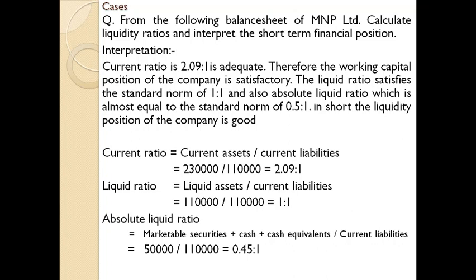And secondly, the liquid ratio satisfies the standard norm of 1:1 and also the absolute liquid ratio, which is almost equal to standard norm of 0.5:1. In short, the liquidity position of the company is good. So after finding the ratios, you need to make a brief analysis or interpretation regarding your analysis.